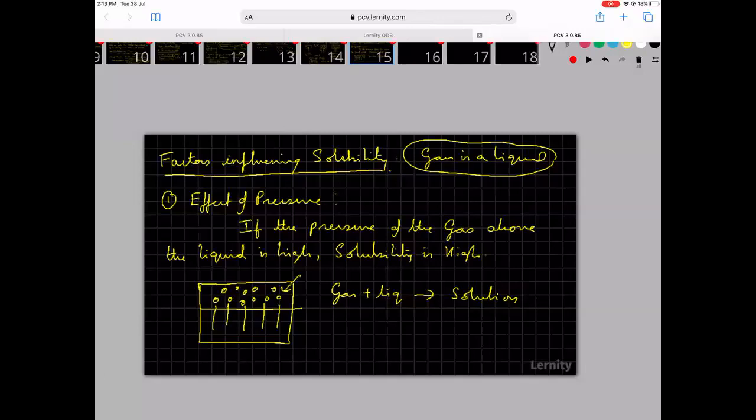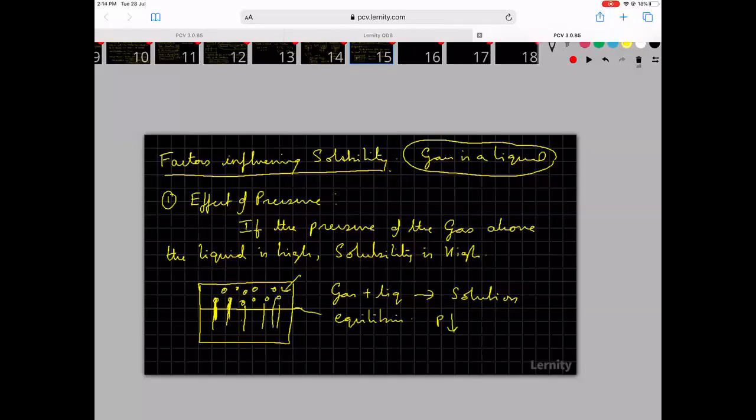When you increase the pressure, look what happens when the gas dissolves in water. There is a constant interchange between the gas molecules and the water. That means there is exchange, that means there is equilibrium here. If the gas enters the liquid, pressure decreases.